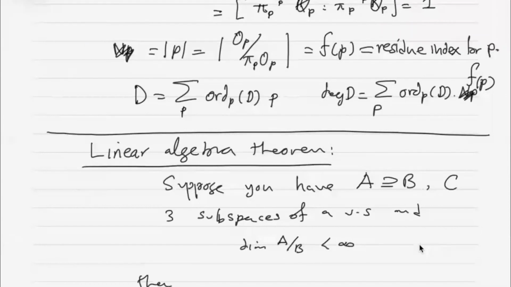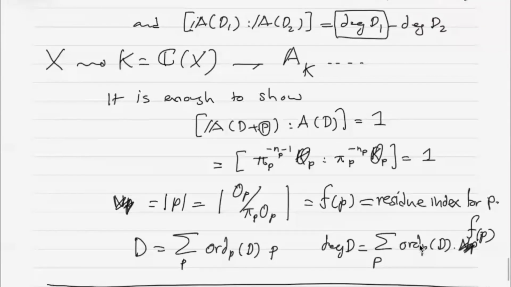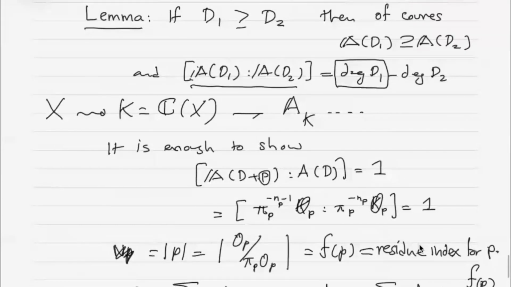Then the dimension of A over B is equal to the dimension of A intersection C divided by B intersection C, plus the dimension of A plus C divided by B plus C. This is true in general. I'm not assuming that A, B, and C are finite dimensional subspaces, only that the quotient space is finite dimensional. And I'm writing this lemma in linear algebra in order to apply it to this case.